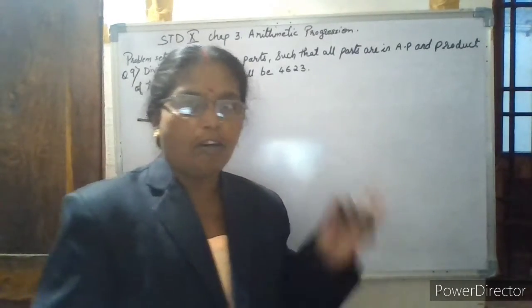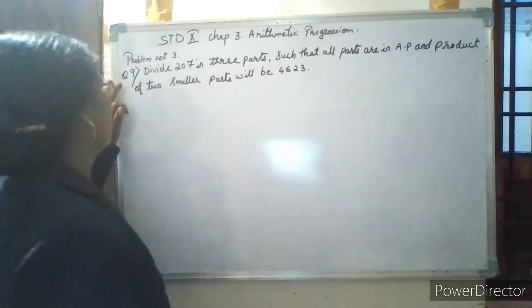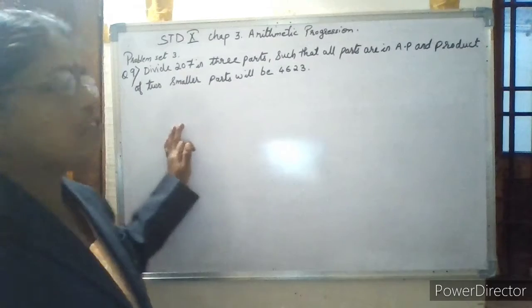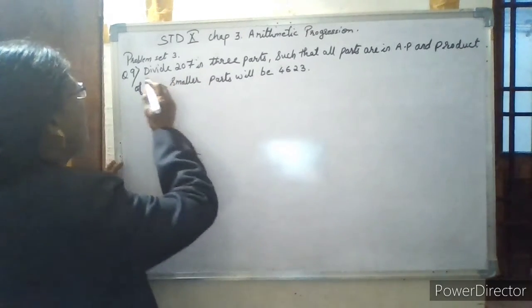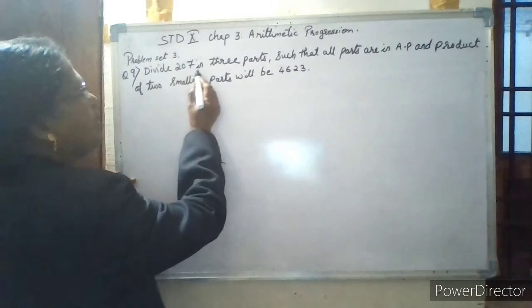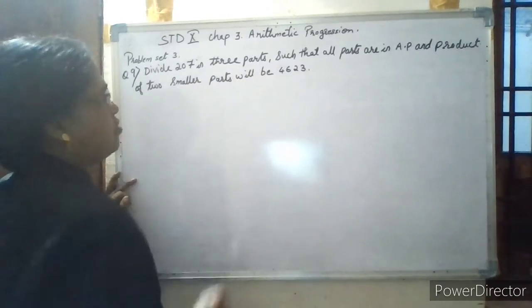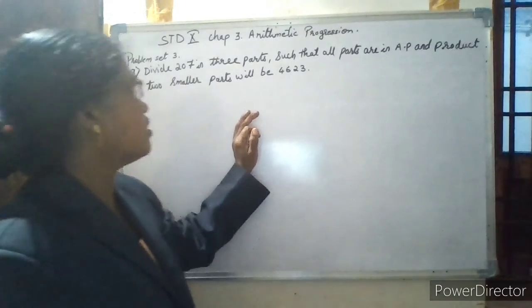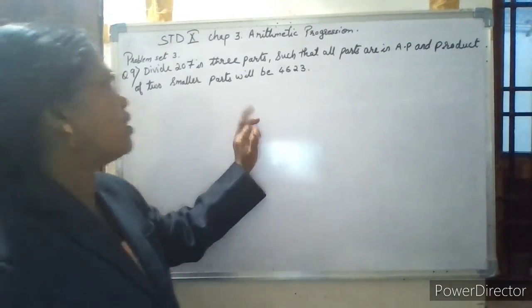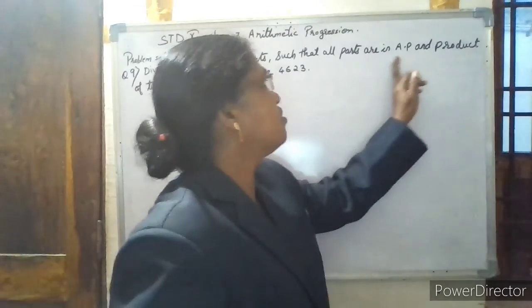Now let us solve the next question, question number 9. The 8th question is easy enough, you can solve it by yourself. Now the 9th question is, divide 207 into 3 parts, such that all parts are in AP.